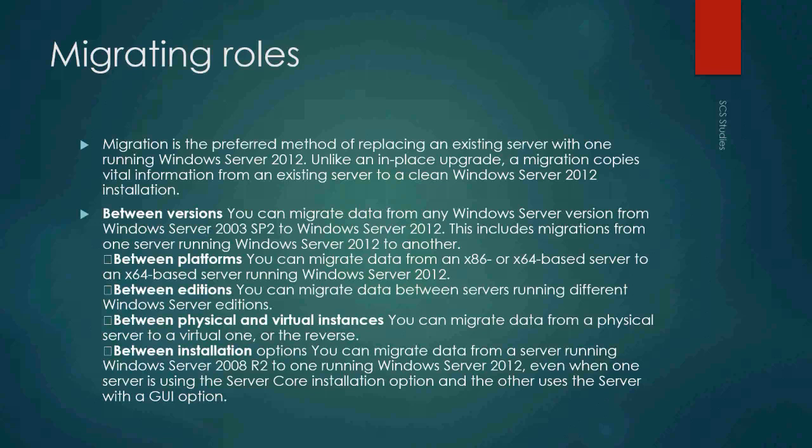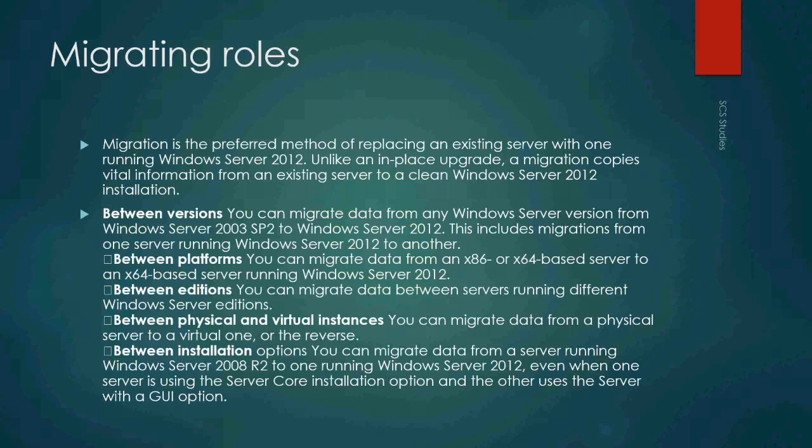So you can upgrade your operating system, your particular application in the same instance you are running, in Windows Server 2012 or 2008 R2, etc. But Microsoft recommends before doing any migration, you should have a fresh Windows Server 2012 instance ready, and you should migrate the server role from the existing server to the new Windows Server 2012 instance, instead of doing an in-place upgrade.